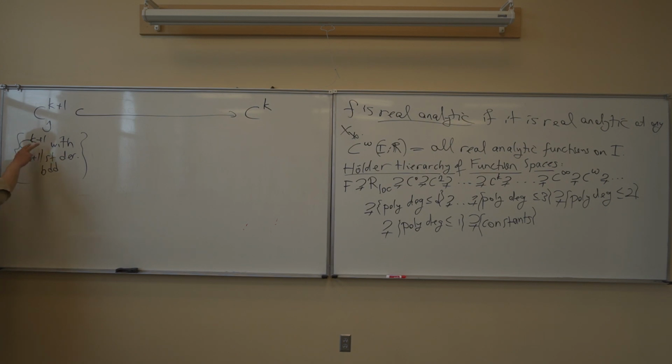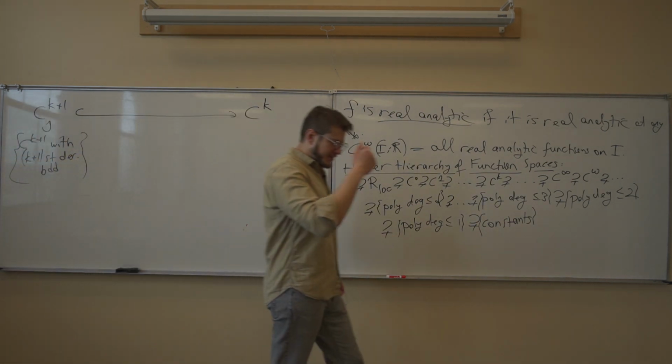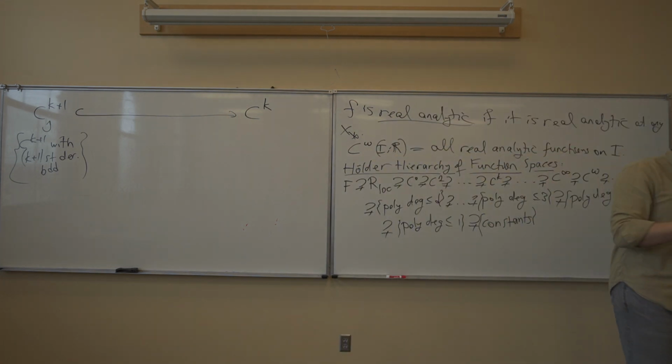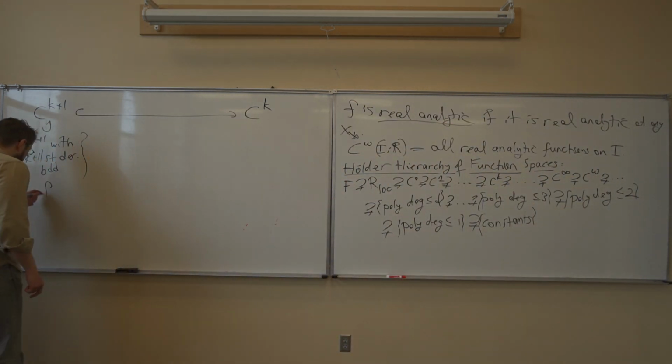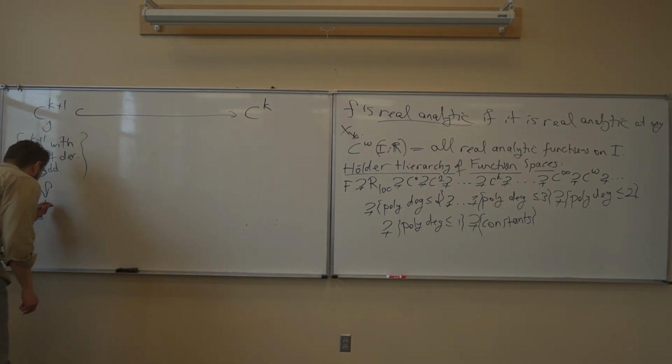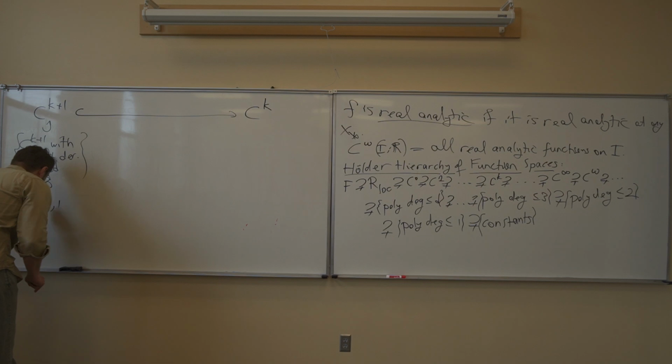If you have the k plus first derivative that is continuous and also bounded, that means that this function f is in fact k times differentiable, and the kth derivative is Lipschitz. So this set is denoted by C to the k, comma 1.